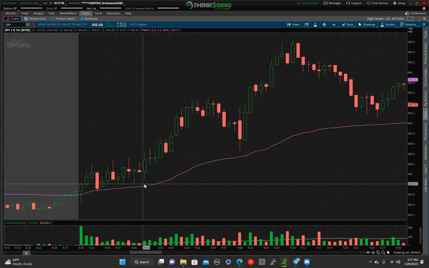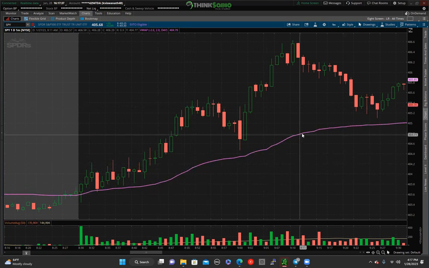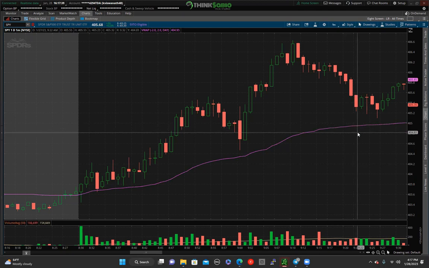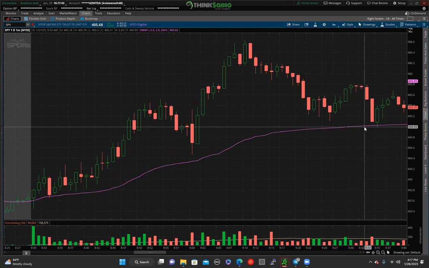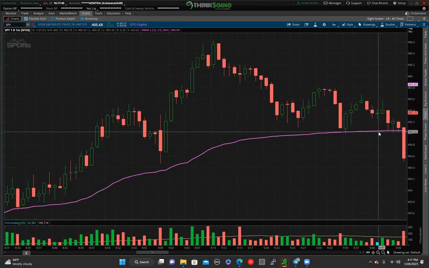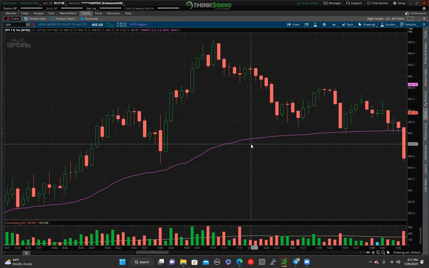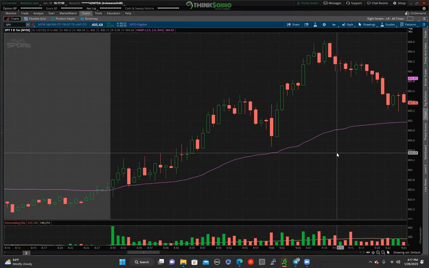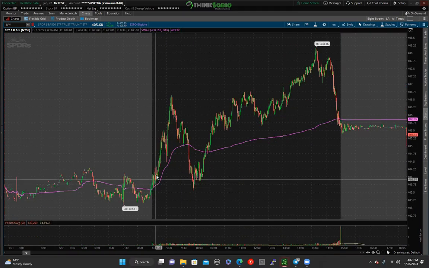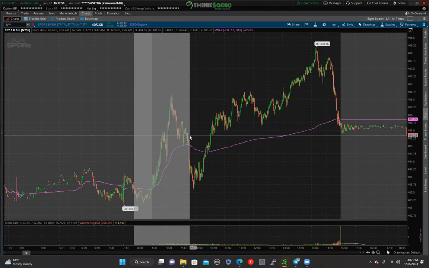So this line is what most traders at institutions or hedge funds consider a line of defense, right? What that means is when you have a strong push to the upside, there will be a pullback. Obviously, there will be pullbacks in any market.